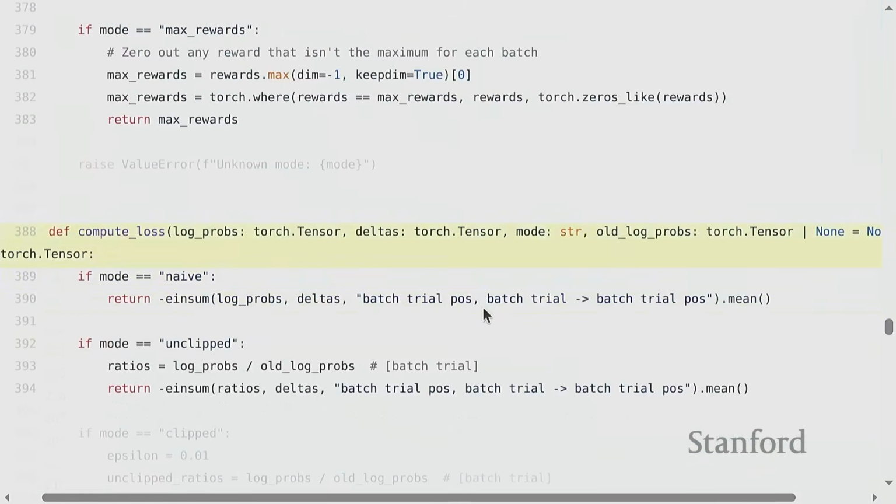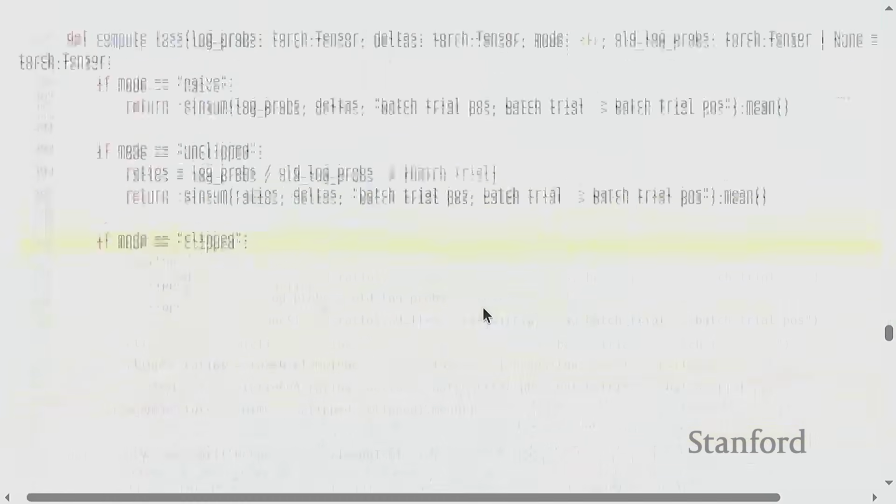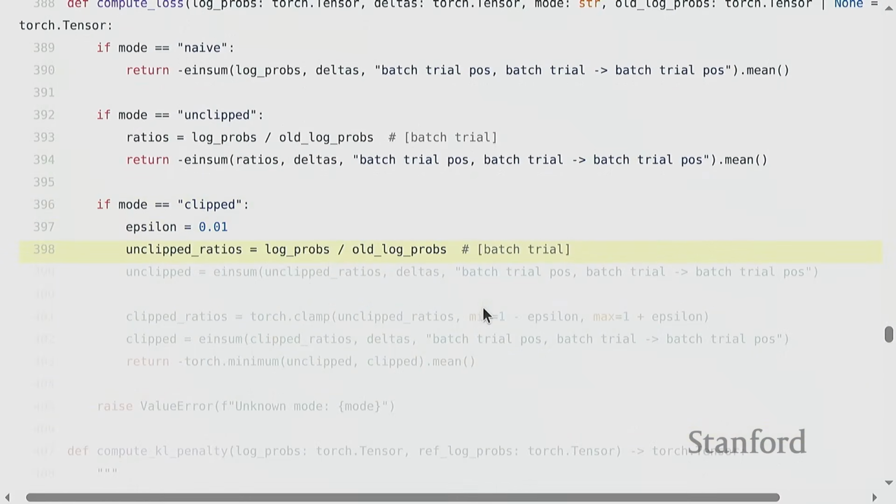Okay, so let's step through it. It's the clip version. You look at the log probs and you divide by the old log probs, which should be a constant. Actually, I didn't follow my own advice. I don't think I wrapped the old log probs in no grad, but anyway, you know how to do that.